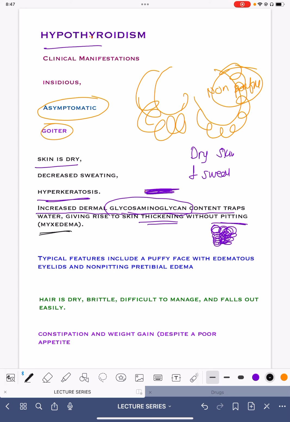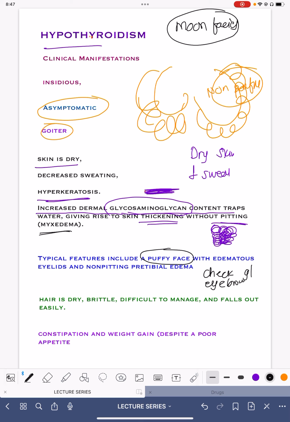One of the most typical features of hypothyroidism is the puffy face or the moon-like face. This puffy face involves the puffiness of the cheek, the eyebrows, the glabellar area, the frontal area, and the puffiness below the cheeks or below the neck also.